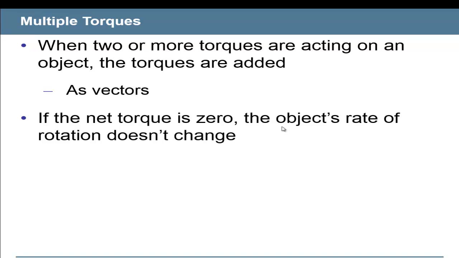So if we have two or more torques acting on an object, we would add together the torques, making sure that we have our appropriate sign convention, positive for counterclockwise, negative for clockwise.